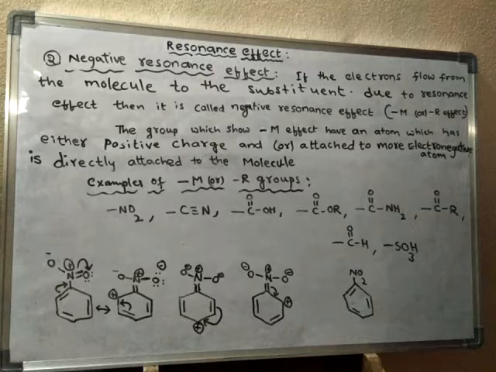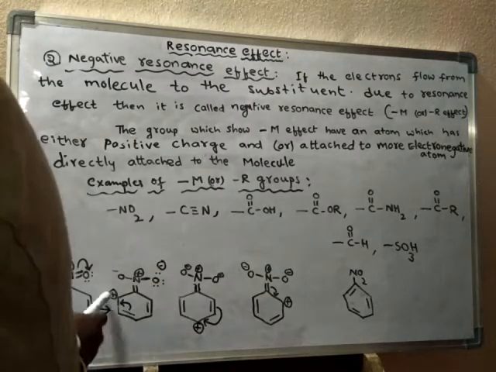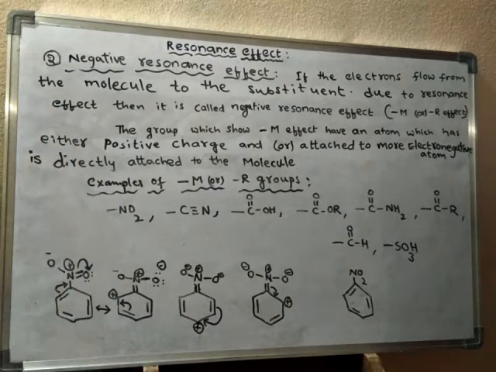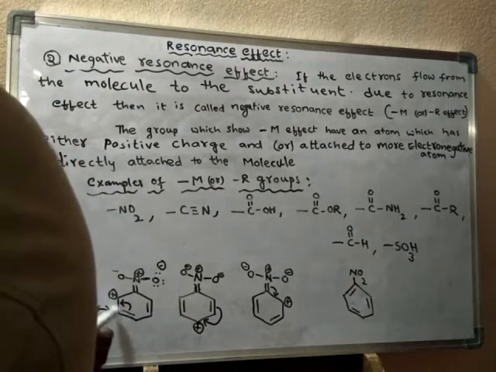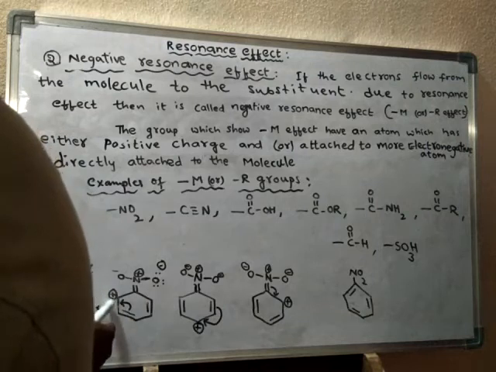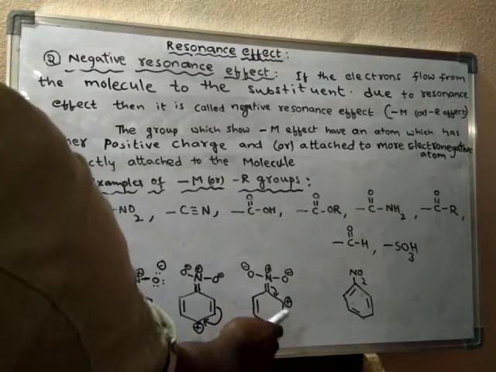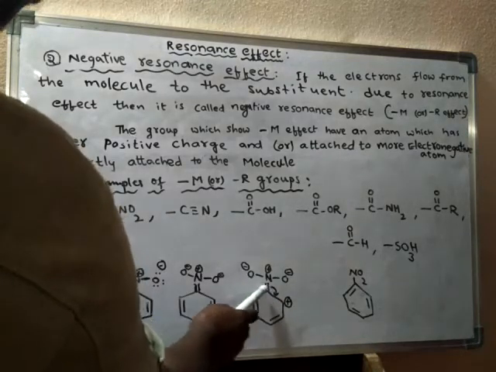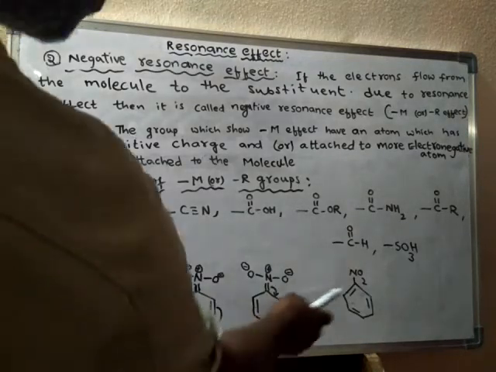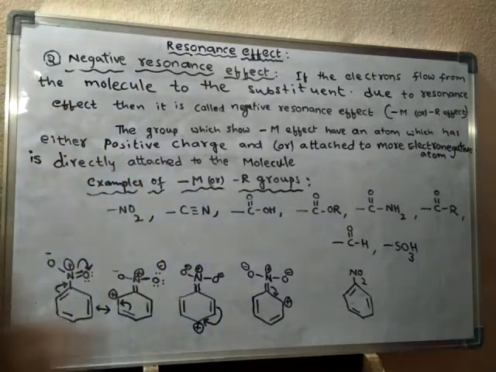Therefore, the stability will increase. So here charge is shared by more atoms, and electrons will flow like this. Positive charge is moving in this direction, therefore electrons will move in this direction. So finally, this double bond will shift here. Okay, this double bond will shift here.